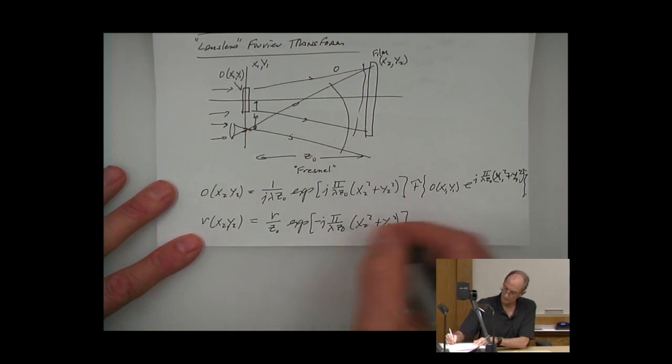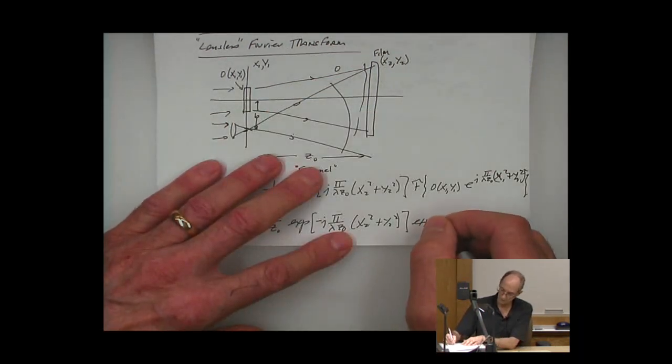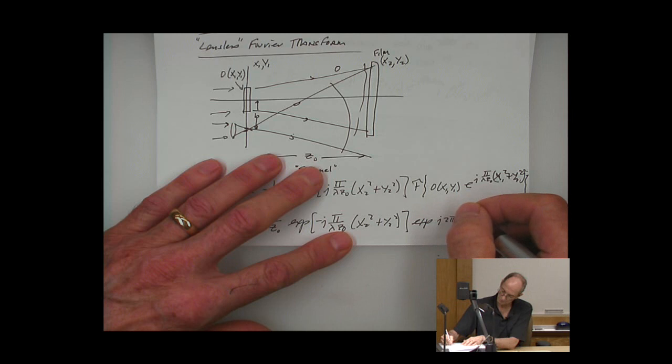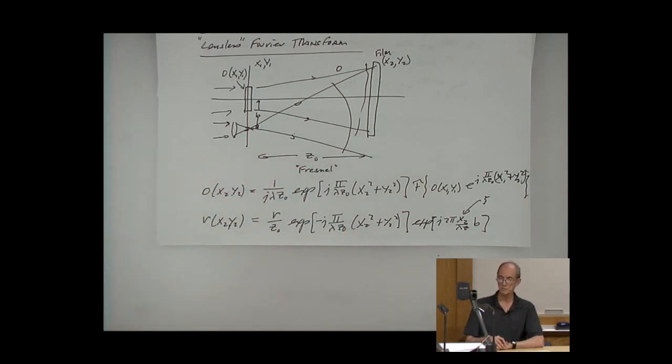And then since it's shifted, we have exponential of j 2 pi x2 over lambda z times b. And so we can say that that's equal to a different variable, a normalized spatial frequency variable.